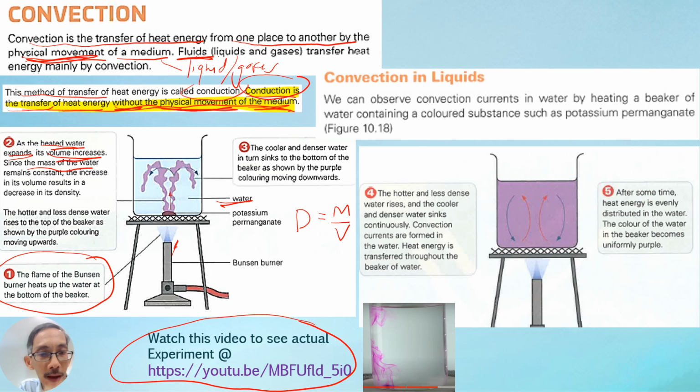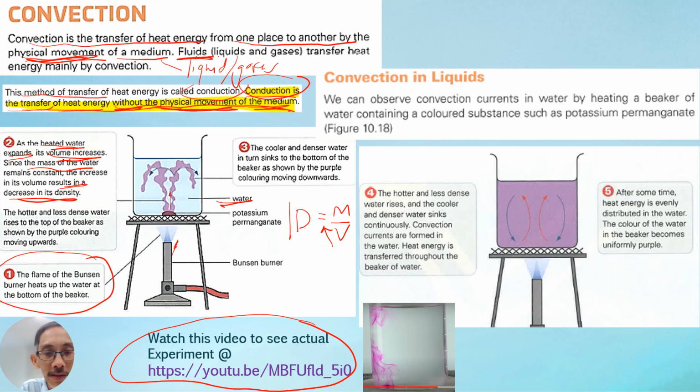When you talk about mass and volume, do you remember that this is about density? So what we are saying here is that when mass is not changed and volume increases due to the expansion, what happened to the density?